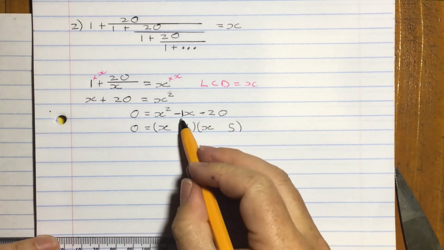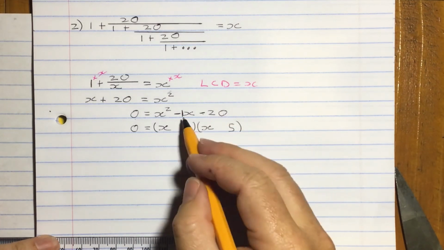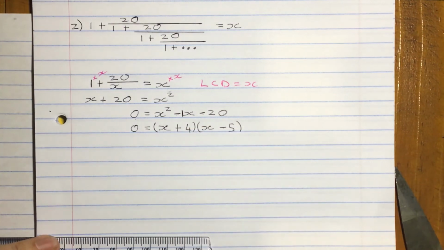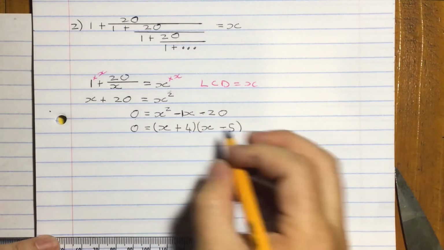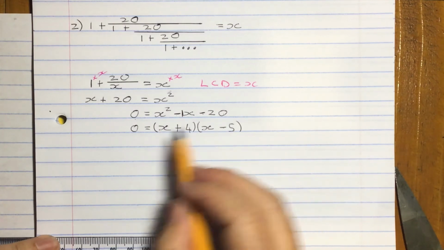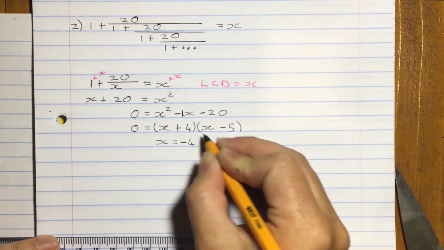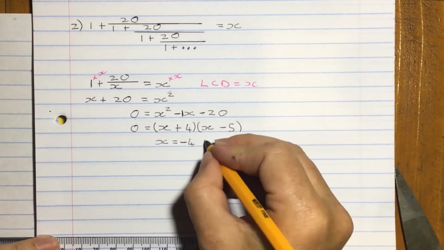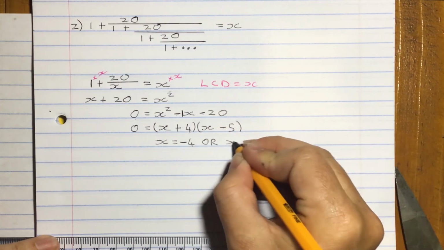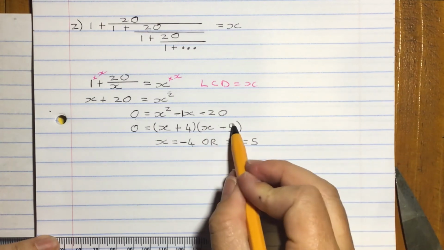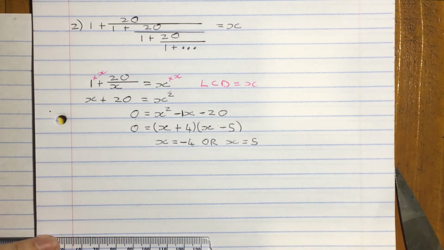And then to get my signs, we know the bigger number must be negative because the middle term is negative. And so the last step is our OR. So x must be equal to -4 to make x plus 4 0, or x must be equal to 5 to make x minus 5 equal to 0.